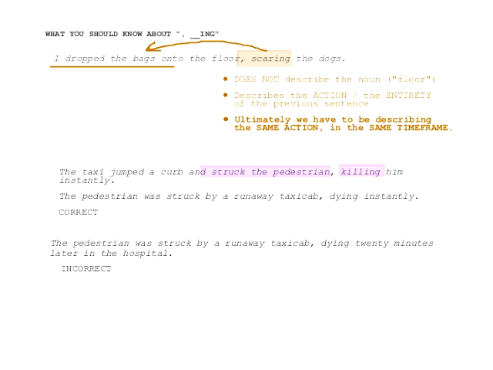I mean, the striking of the pedestrian and the killing of the pedestrian in this sense are the same. Same action, same time frame. So comma ing works. Same sort of thing here. This is just the passive version of it, but same kind of thing. These are still the same.